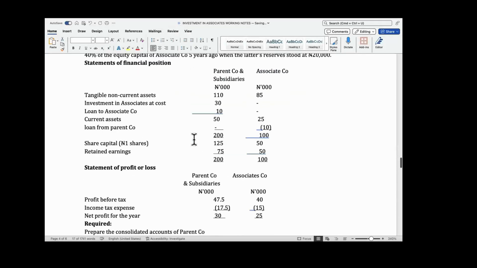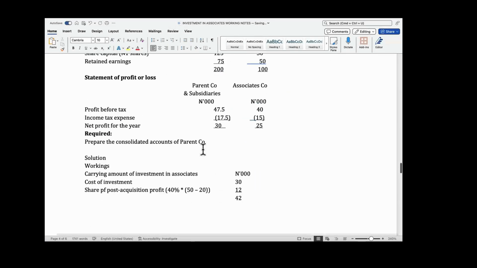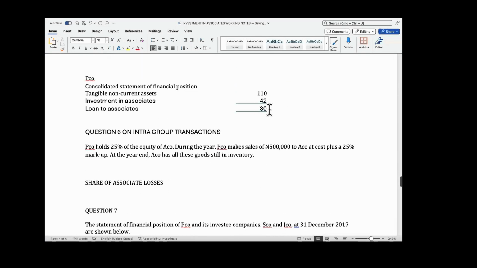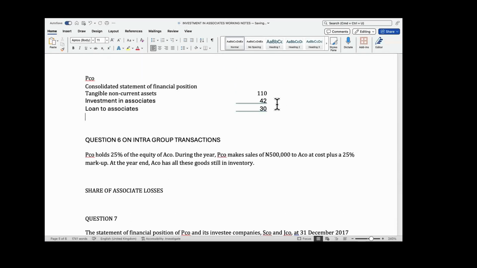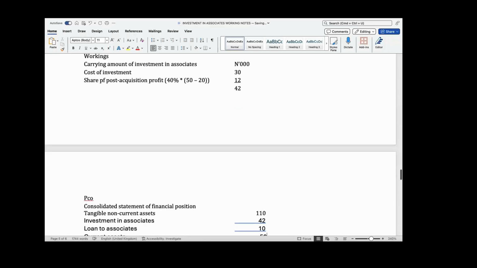And what was the next item? We have current assets. Again, we won't consolidate this. We only have 50. Sir, the loan is 10. Oh, okay. Thank you. 10. Current assets, 50.